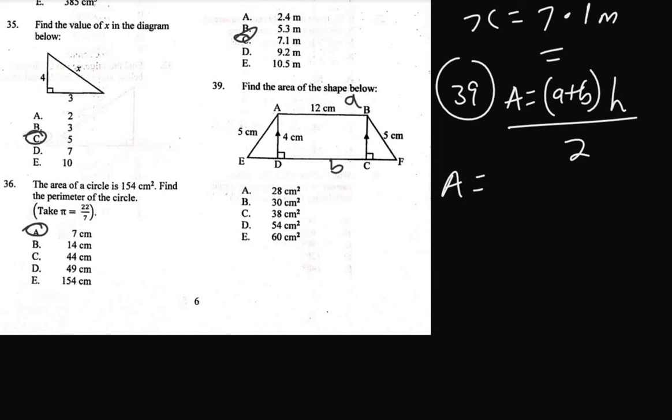But I don't have the length of the bottom part. I know that this is 12 cm, which is from this point to this point. So we need to calculate ED and CF. To get ED, we use Pythagoras theorem, which is c squared equals a squared plus b squared. For this angle, let me shade it.